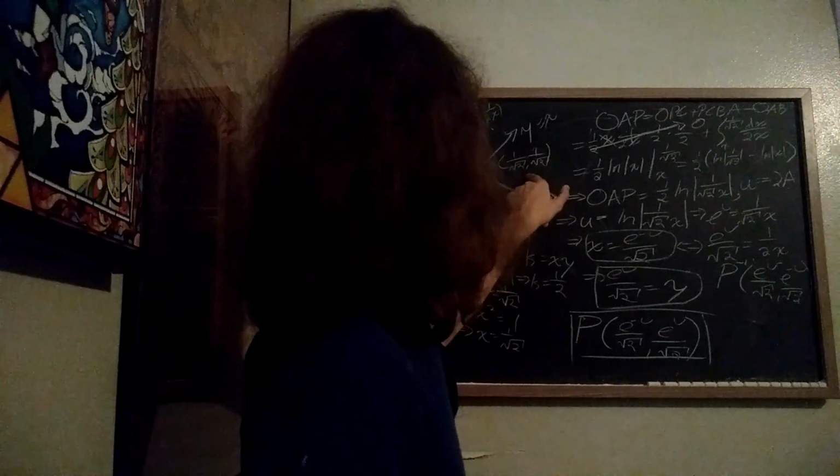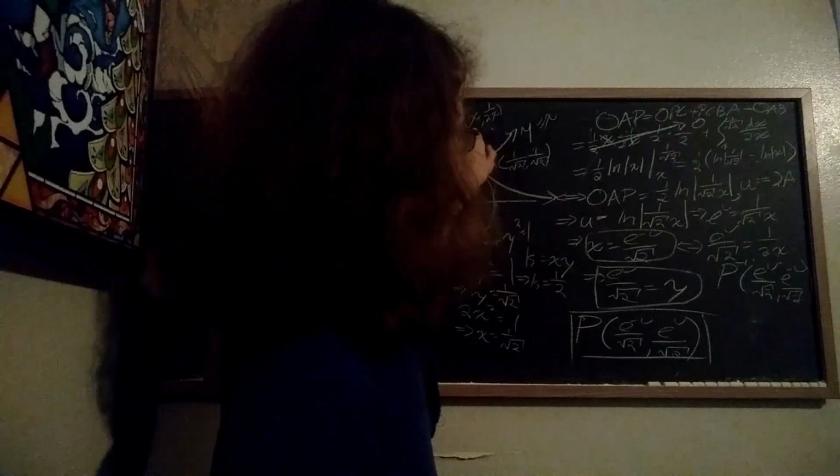But does this fall in line with what happens with the point? We should expect that as we go past 1 over root 2, if we had a y value here, it should become an x value here, and then its y value would be this.